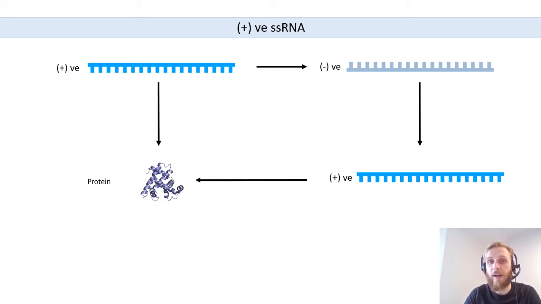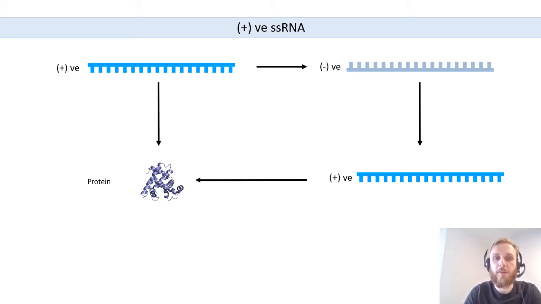because again, this is how these polymerases work. They progress along the existing strand and make a complementary strand of the opposite polarity. So if you have a strand that's single-stranded with positive polarity, an RNA polymerase functions to make a copy of it, it's actually going to make a complementary copy of the opposite polarity.